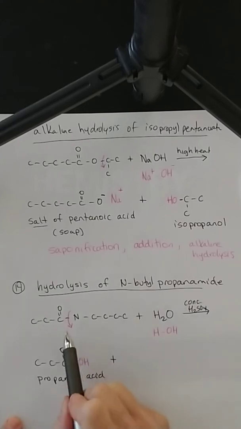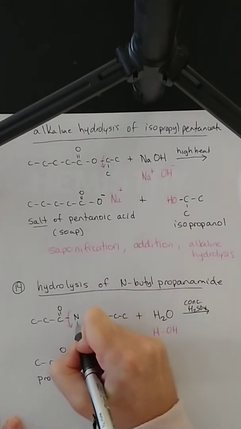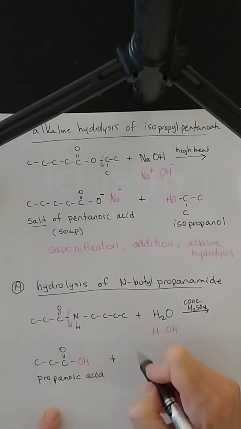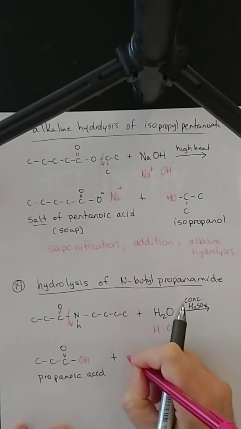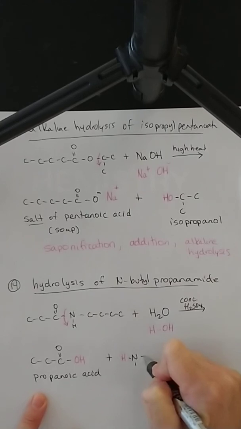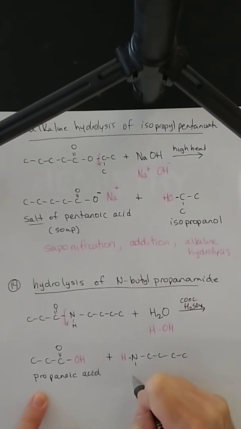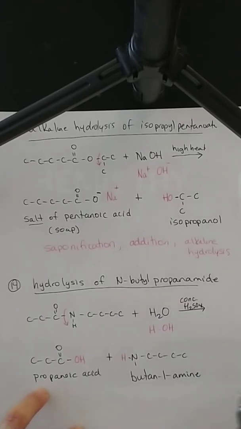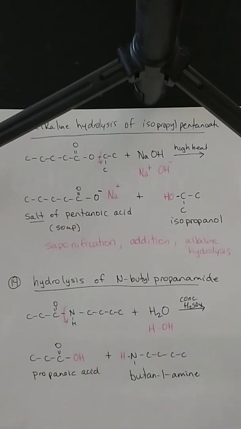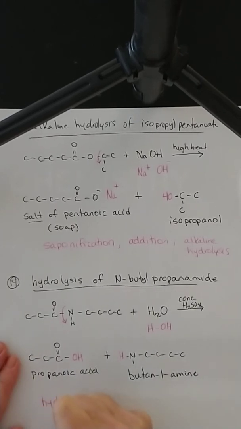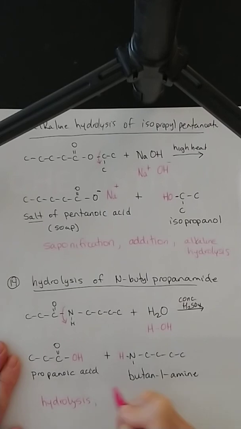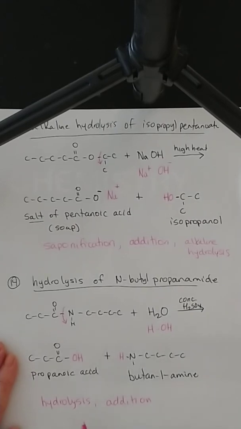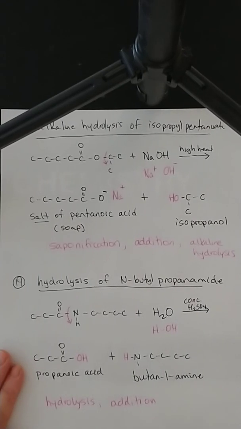And then we're going to take the H, because normally we would have H here, we have to add an H to that. So we're going to add that H here. And now we have butan-1-amine. So we carried out a hydrolysis, a normal hydrolysis. And we also have an addition because we added an OH and an H that were not there before. Okay, so that's what that reaction looks like.